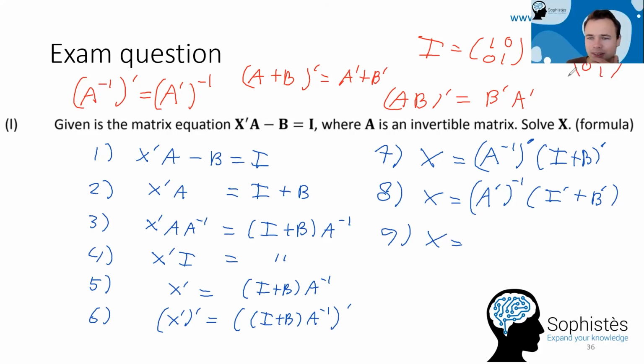What do you see? Just I. Yeah. So what kind of matrix is the identity matrix? It's a symmetrical matrix. Very good. So we can just leave out this prime here. I can write it down like A prime minus 1, and then instead of I prime, I can simply write down I, because it's a symmetrical matrix. And there you have your final answer.